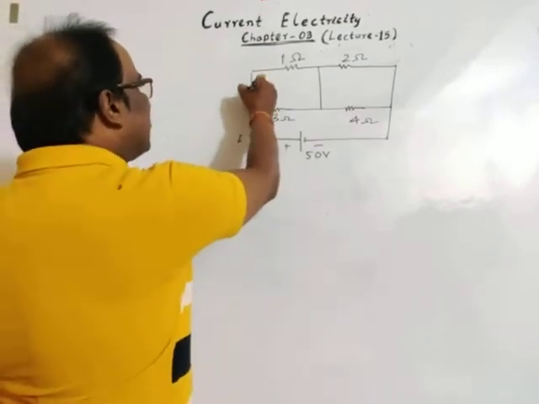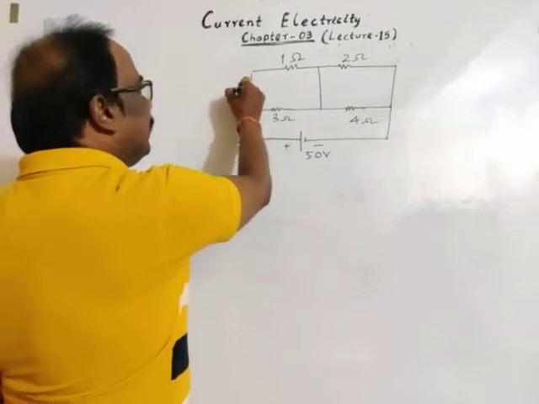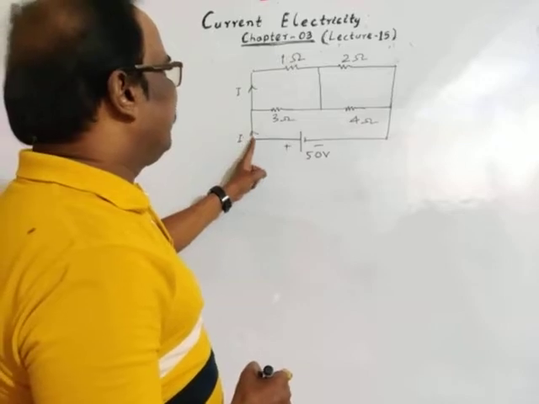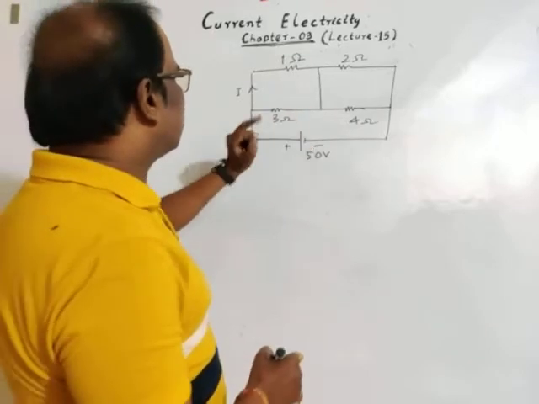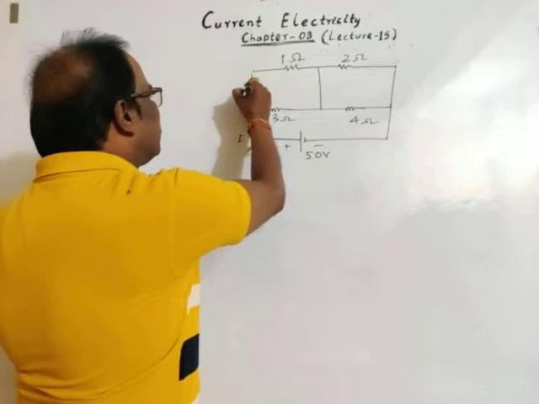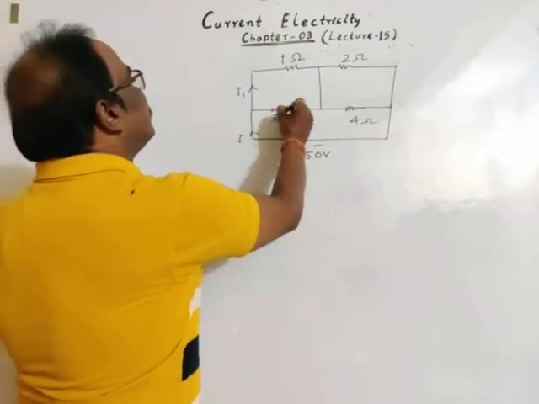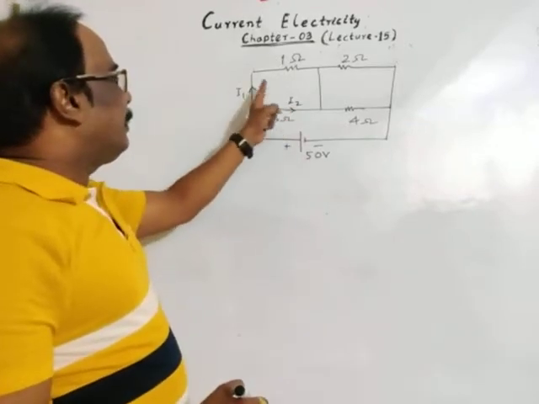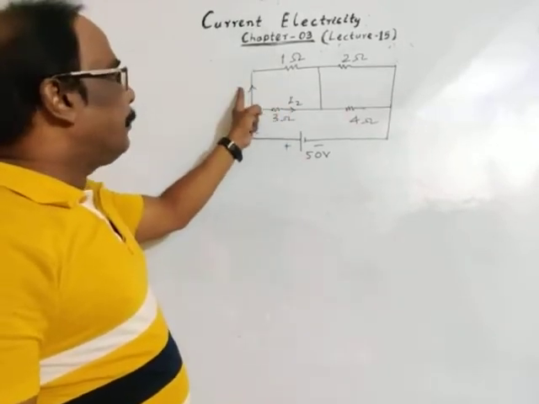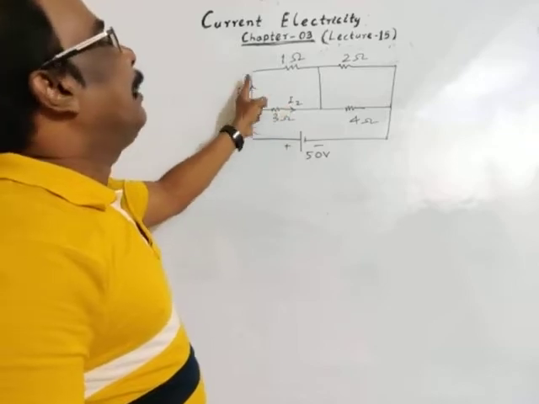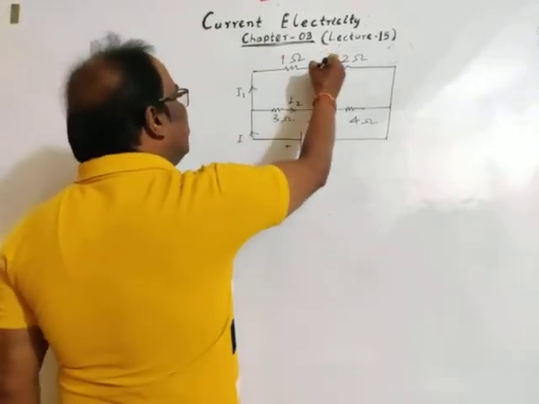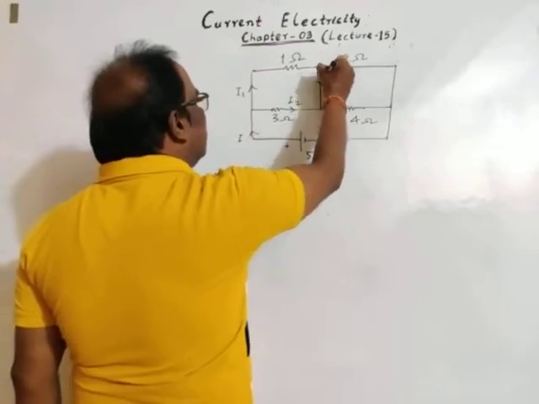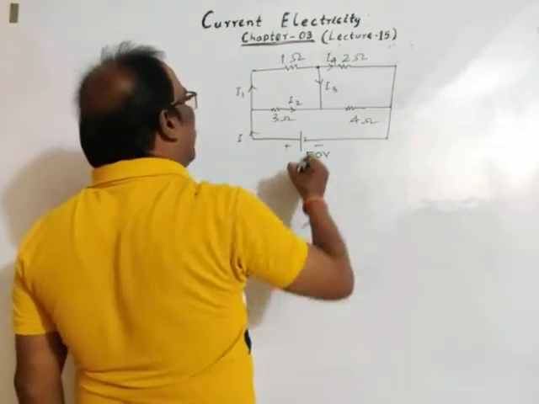Suppose this current is I1, you may take anywhere. This current is I. I is divided into two branches, I1 and I2. Then I1 is again divided, this branch is I3, this branch is I4.